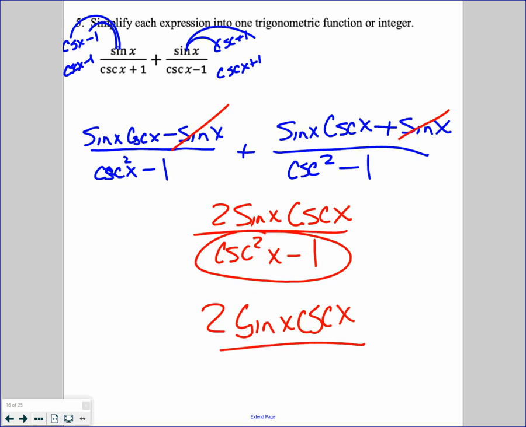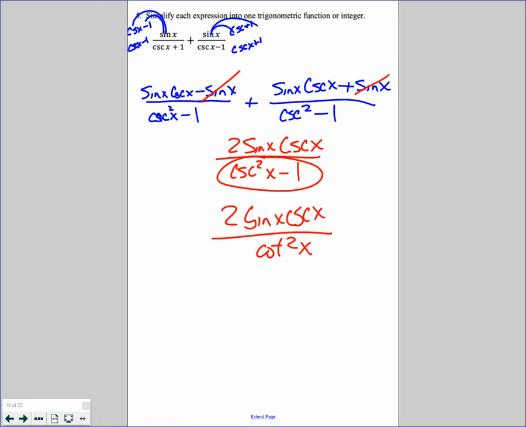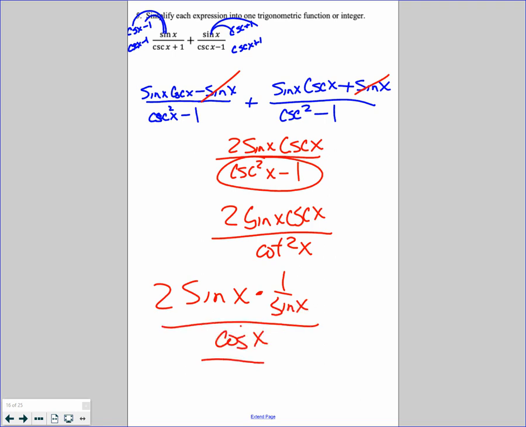2 sine x cosecant x over cotangent squared x. Oh boy, it's still not done. Anytime I see cosecants and cotangents, I want to turn everything into sine and cosine. It usually makes life way easier. So now 2 sine x times 1 over sine x over cosine squared x over sine squared x.